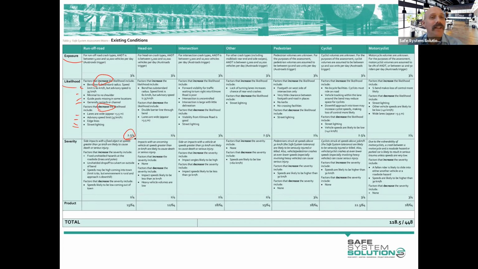But in the end, it's really not going to show you a major difference in the actual score outputs you're going to get. And that's one of the beauties of the safe system assessment framework, is that it clearly shows that. It goes, we're not saying that what you're doing isn't going to improve things, but don't fool yourself into thinking we're getting high alignment with safe system principles by putting up a warning sign.